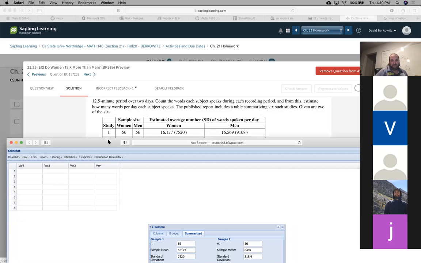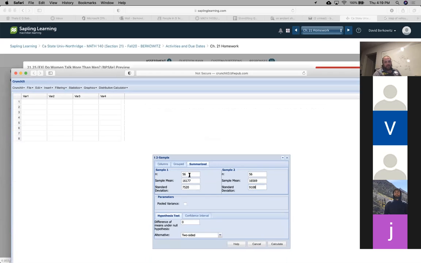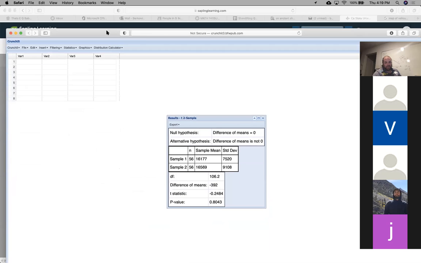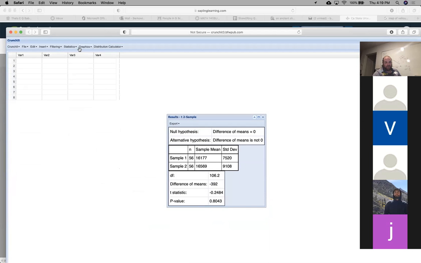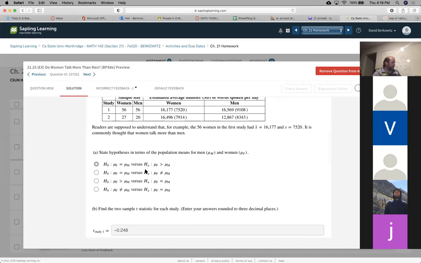And the men's was 16,569 with a deviation of 9,108. And we calculate. So it says, find the 2 sample t statistics. So I get negative 0.2484. Okay, there it is.